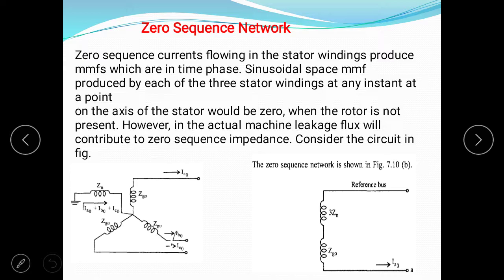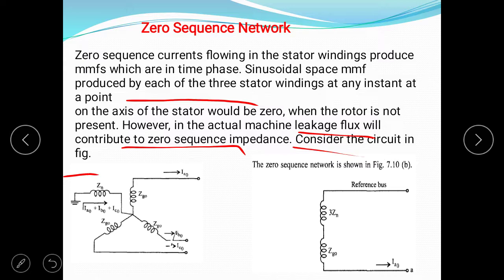The sinusoidal space MMF produced by each of the three stator windings at any instant at a point on the axis of the stator would be 0 when the rotor is not present. However, in an actual machine, leakage flux will contribute to zero sequence impedance. So consider the circuit in the figure.